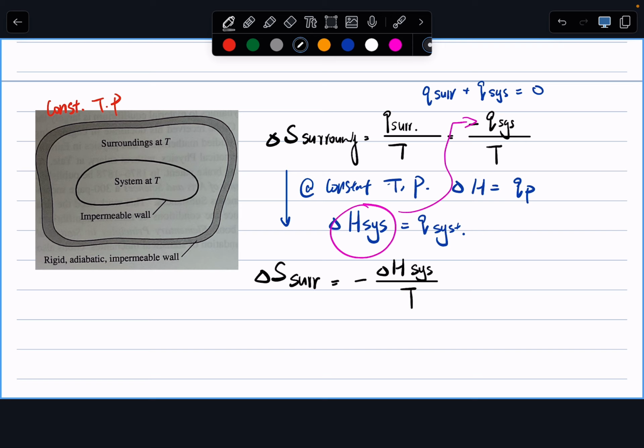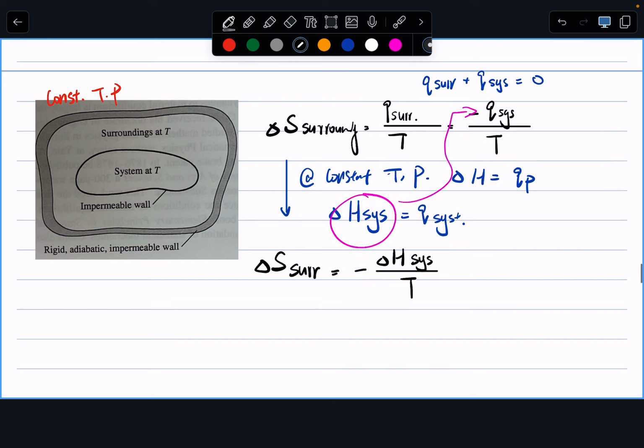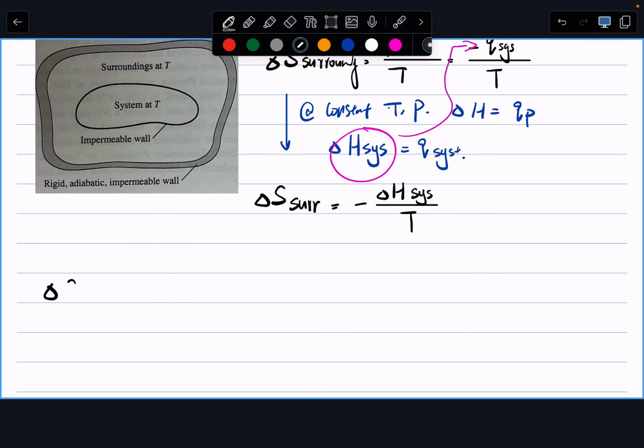So far, so good. And now let's think about the system and surroundings together. Now, my delta S of the universe equals delta S of the surrounding plus delta S of the system. That's just using the nature of entropy as an extensive state function, right?